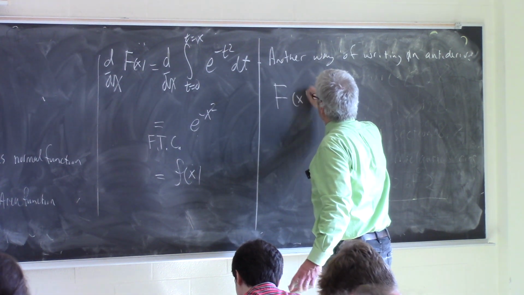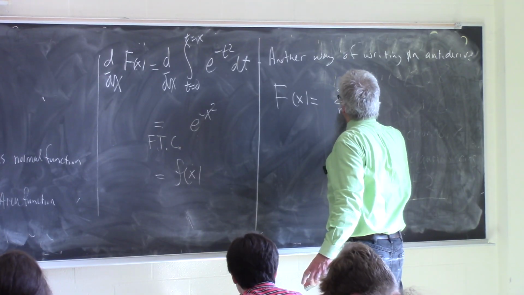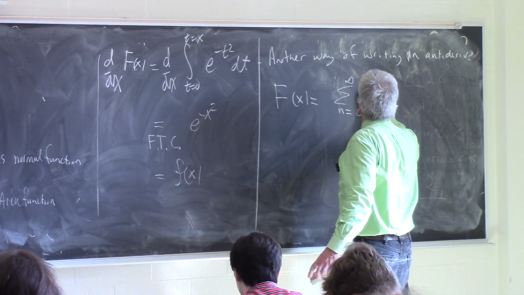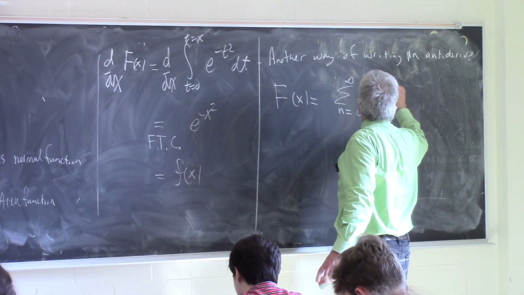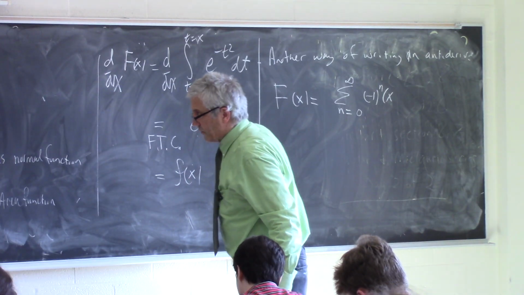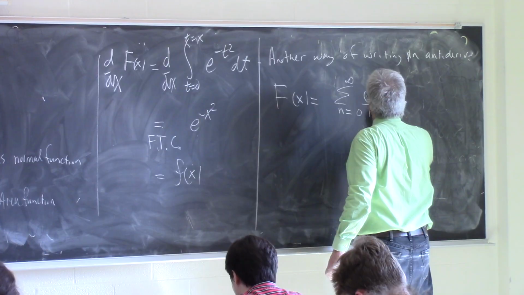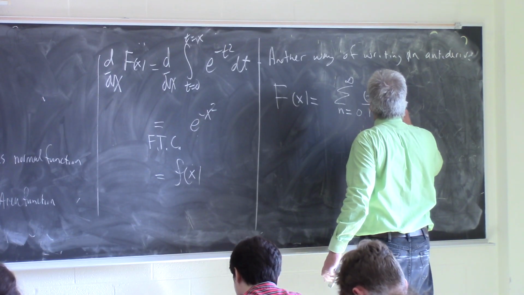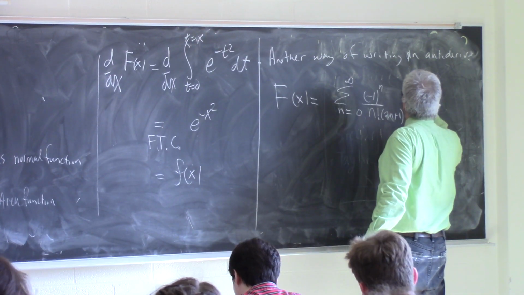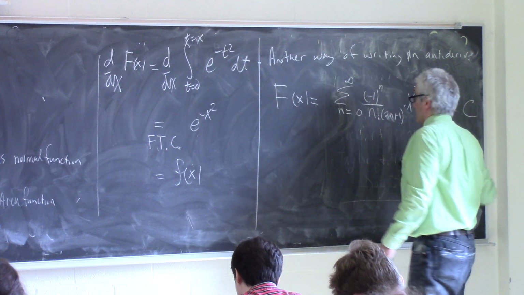Capital F of x equals the sum as n goes from 0 to infinity of minus 1 to the n over n factorial times 2n plus 1, times x to the 2n plus 1 plus c.